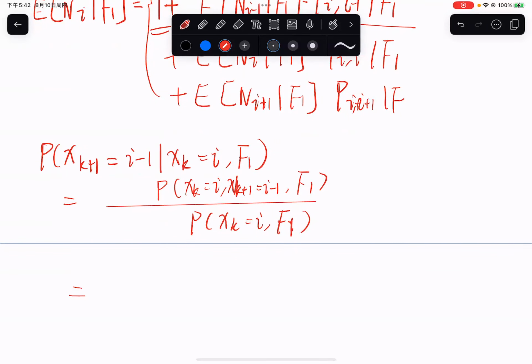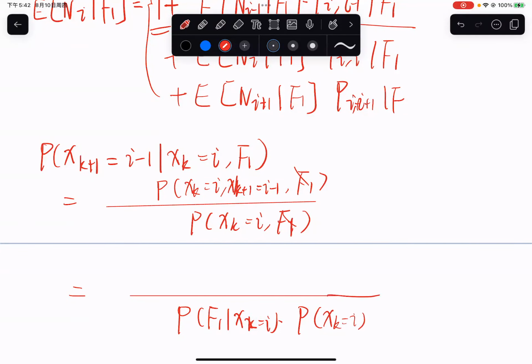And we can see we both have F1 here, so it can be canceled out. Why is it the case? Because we can write both of them into probability of F1 conditional on x_k equal to i, multiplied by the probability of x_k equal to i, right? Sorry, we are not going to cancel out these two. We are going to cancel out these two because we are trying to get the F1.